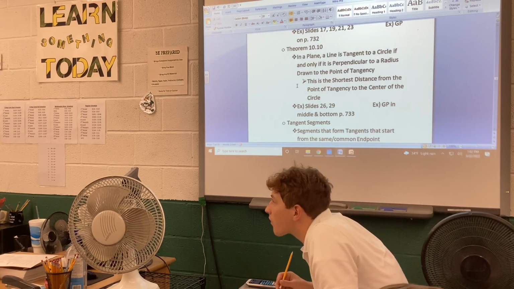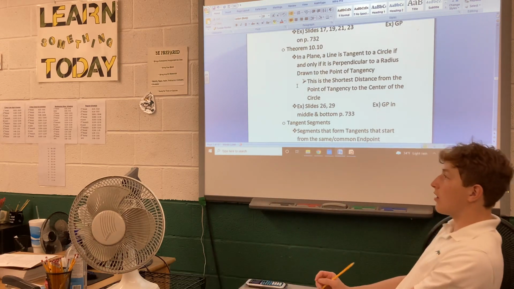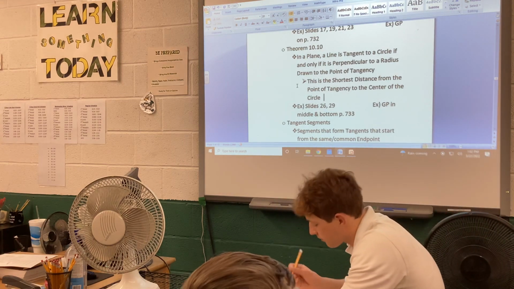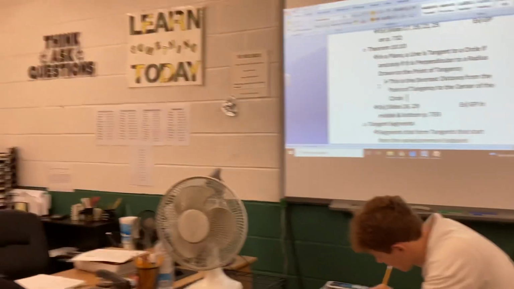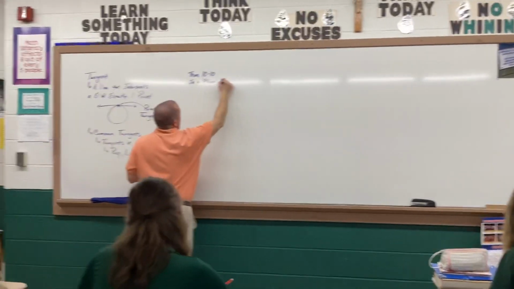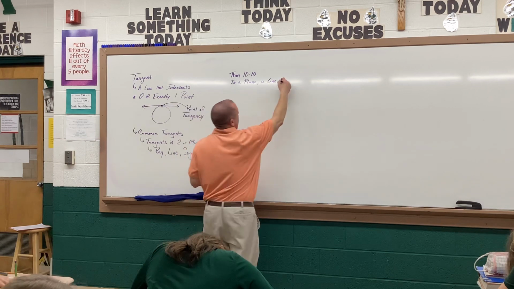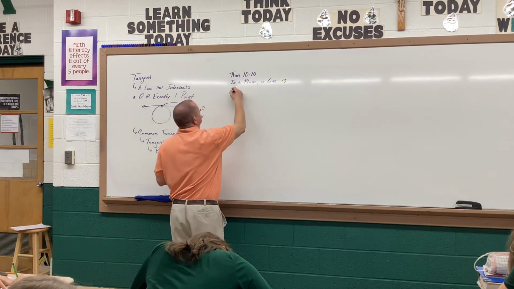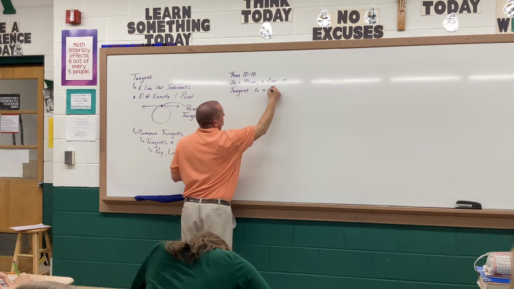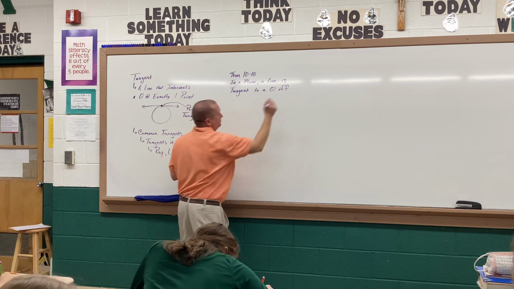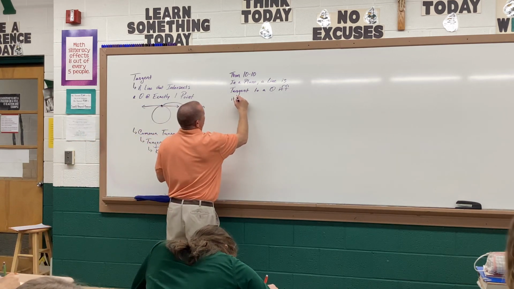Okay. So it leads us to a couple theorems. We're up to 10-10 already. So we need to start out with: in a plane, a line is tangent to a circle if and only if, so we're going to use that IFF again, it is perpendicular.